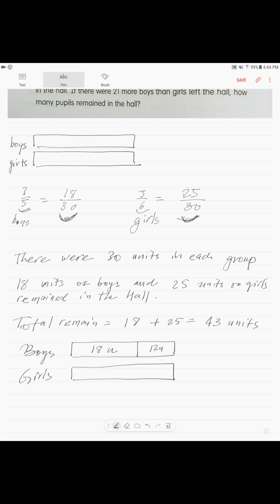So 12 units left, right? Same thing here. Total 30 units, 25 units remained. 5 units left, right? Now we can see what are the units that left, right? 12 units of boys over here left and 5 units of girls over here left, right?